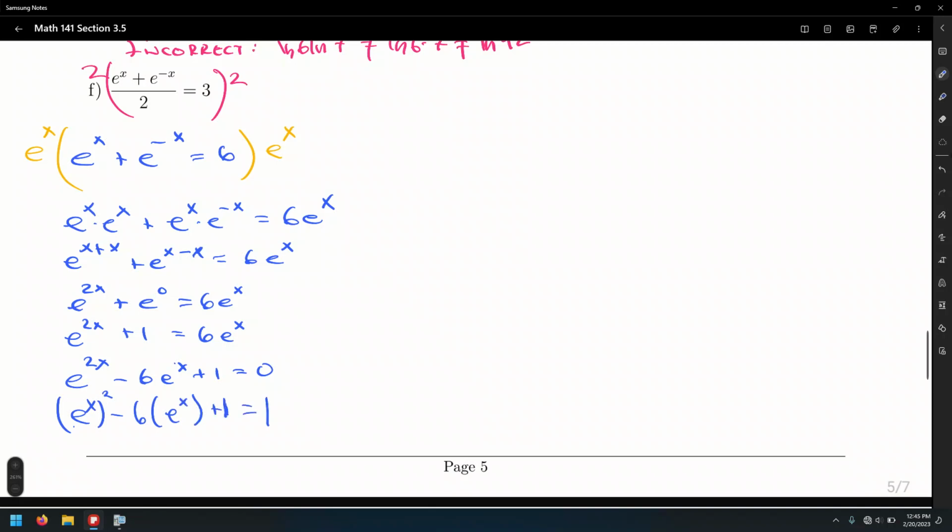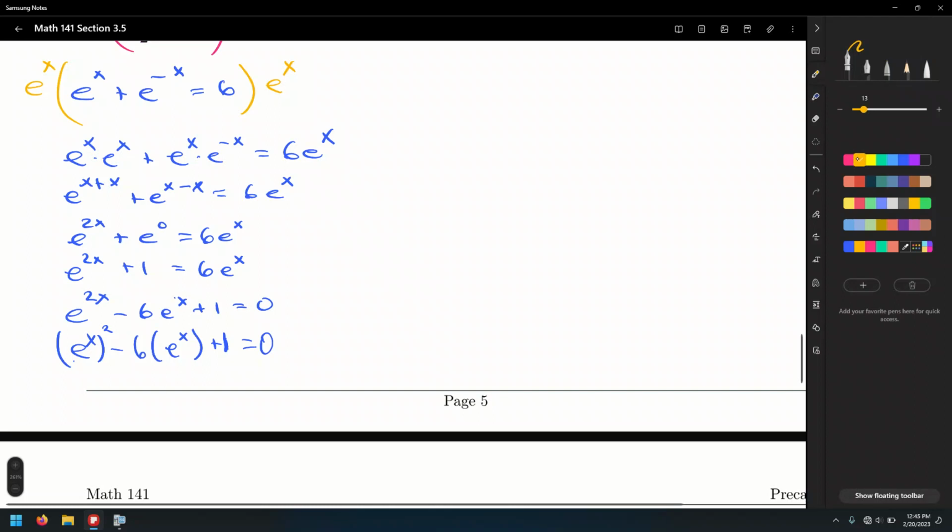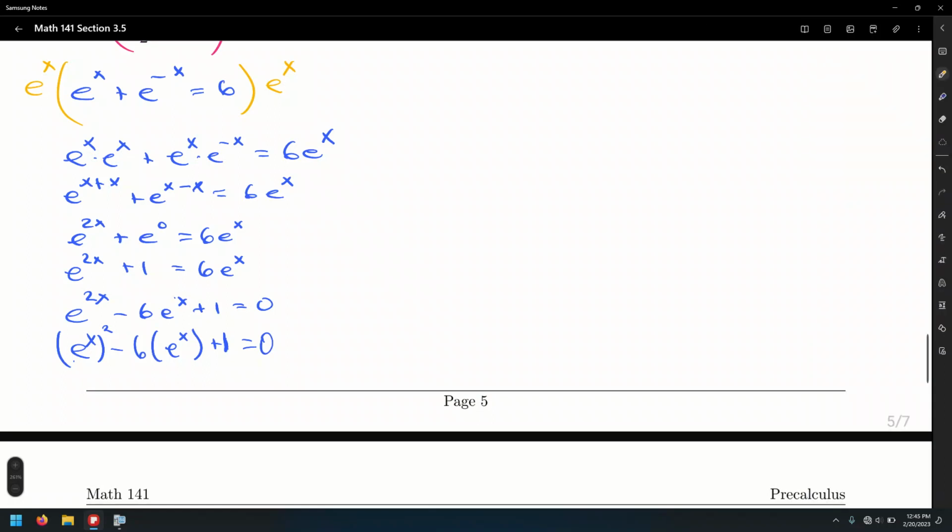So now that we identified this quadratic pattern, we are essentially done working in the world of x, because there's nothing else we can do in the world of x. So let's go to the world of u. And the world of u will be u equals e to the x.